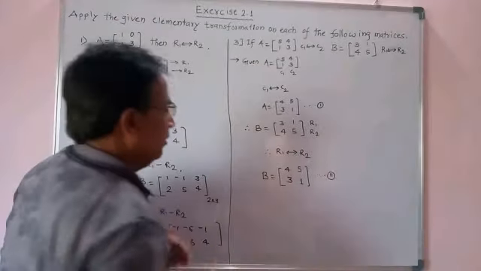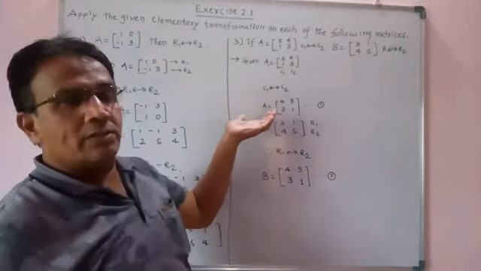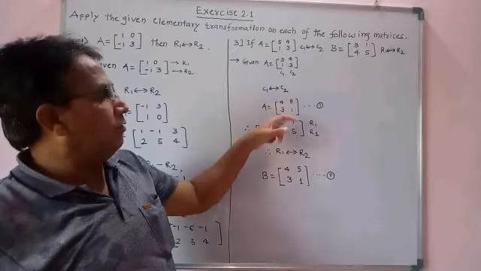From equation first, we observe the new matrix A is [4, 5; 3, 1].